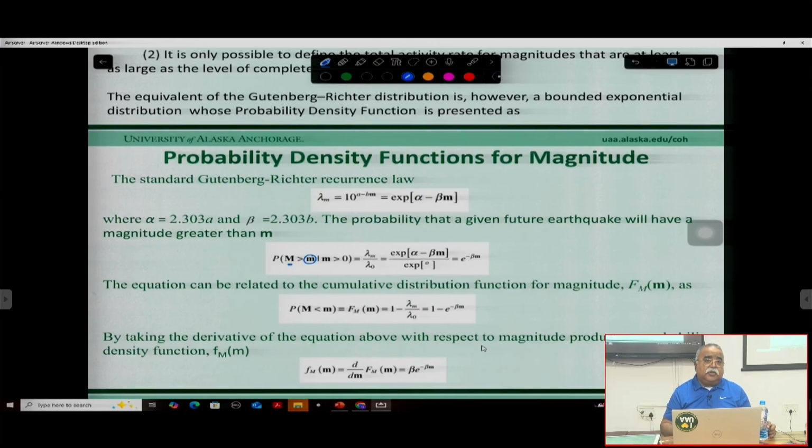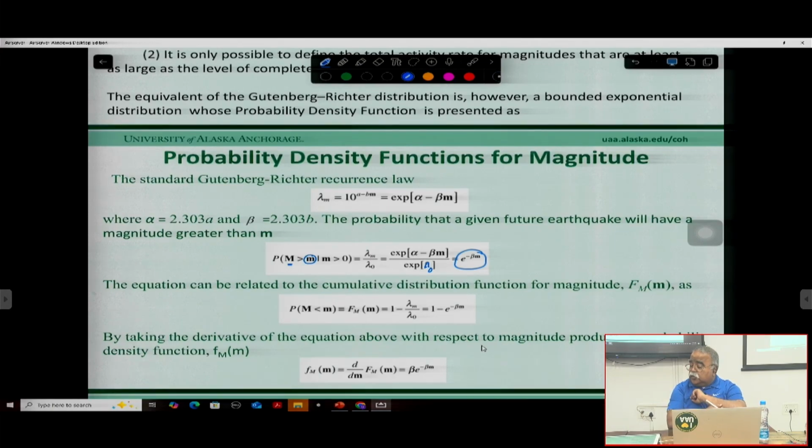So that is the conditional probability, which equals lambda m by lambda 0. So lambda m equals exp of alpha minus beta m, and lambda 0 equals exp of alpha. So then it will be e to the power minus beta m, right?